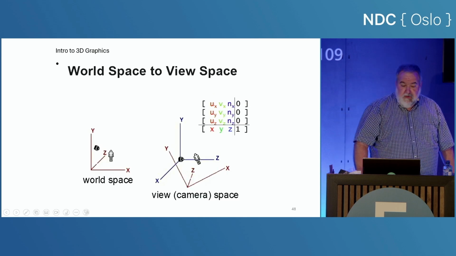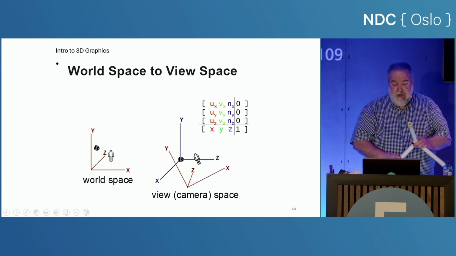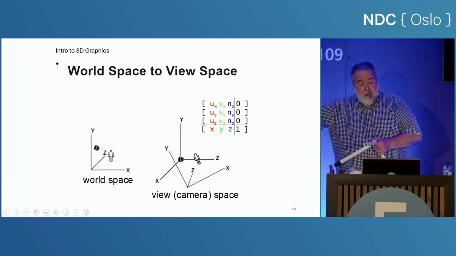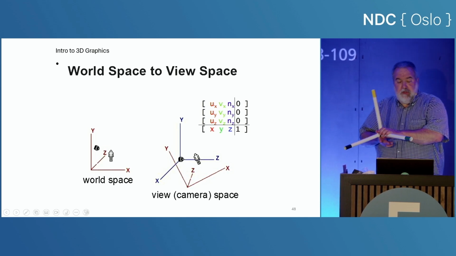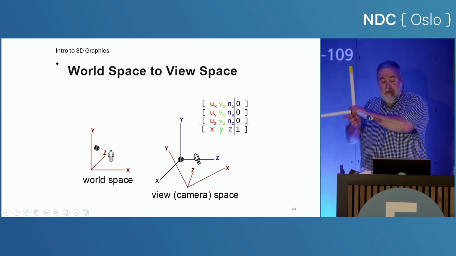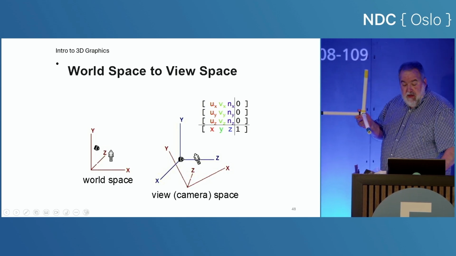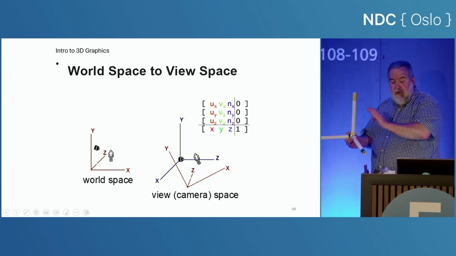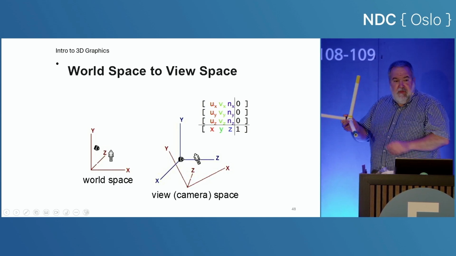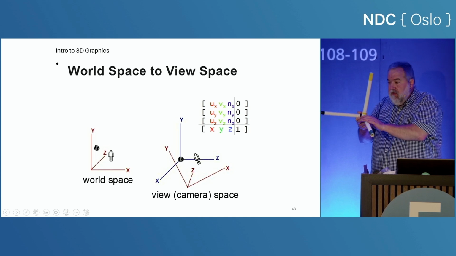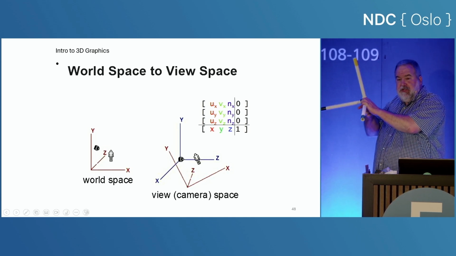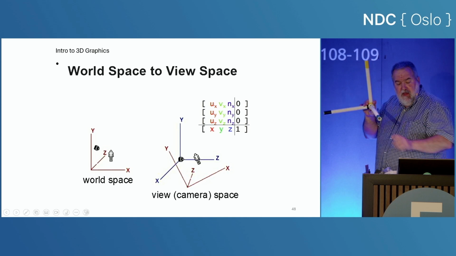Okay, here's the world space and the view space, where we have the multiple axes. We have the axes of the origin of where things are at, and then the origin from the view of the camera. And so we have X, Y, Z, U, V, N for these vectors. And then we have the X, Y, and Z that is the origin of where the camera space is at.